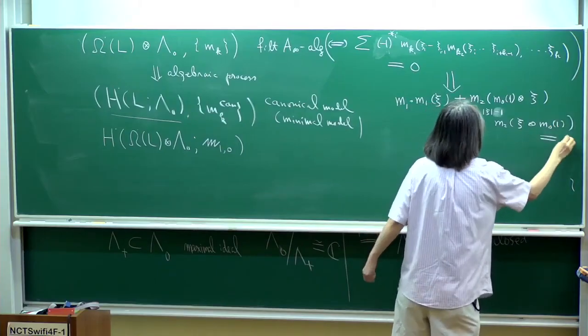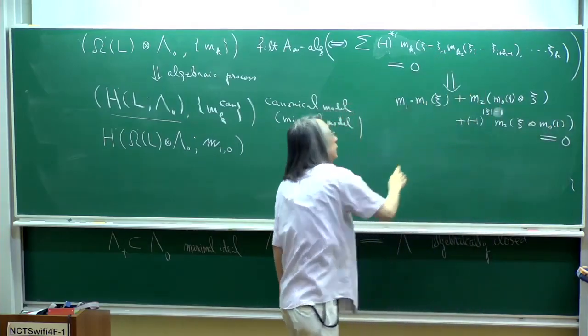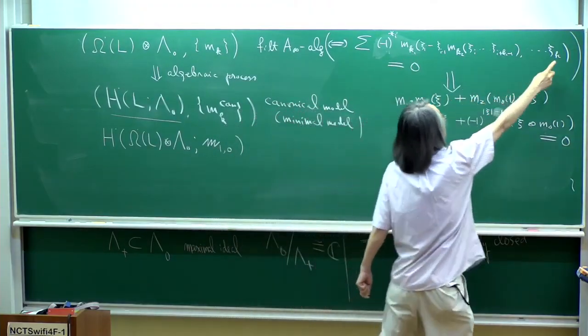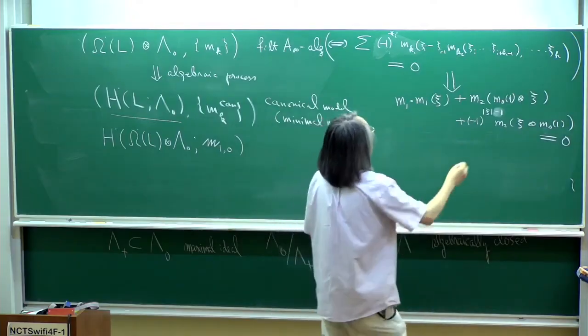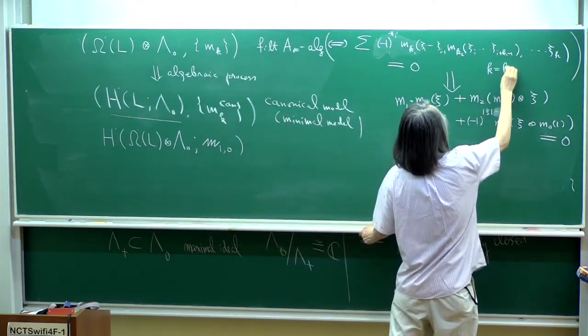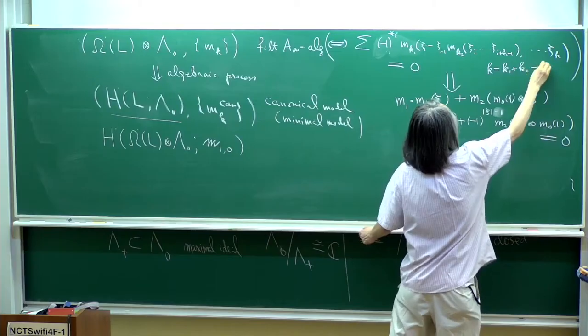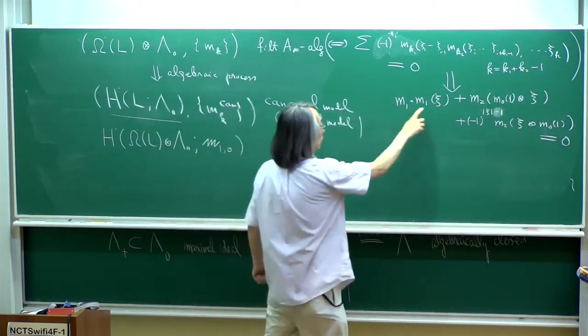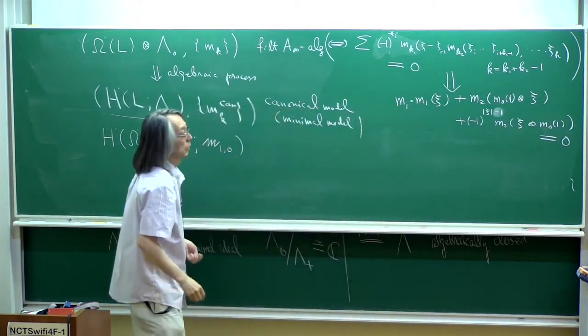This is equal to 0. So if we have this relation, you just consider the case that k is equal to 1, so k is equal to k1 plus k2 minus 1. Okay. So then you have this.